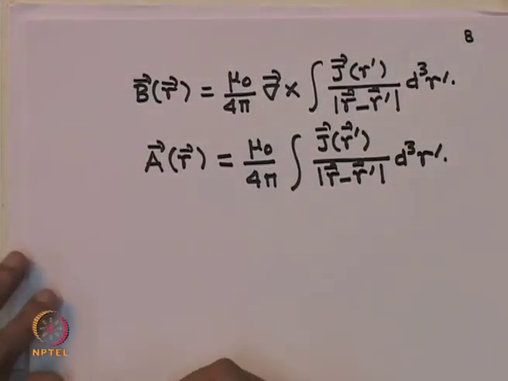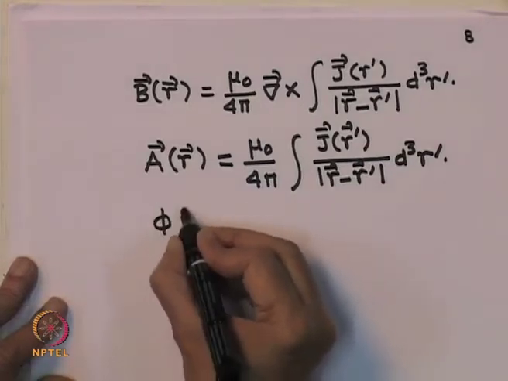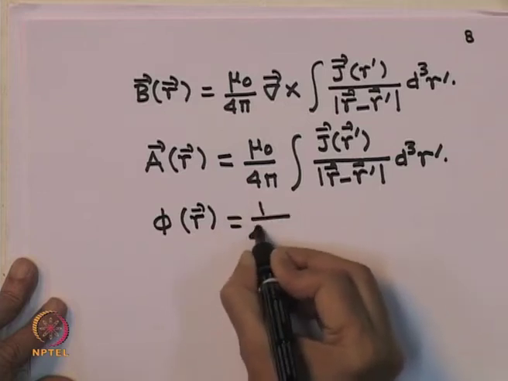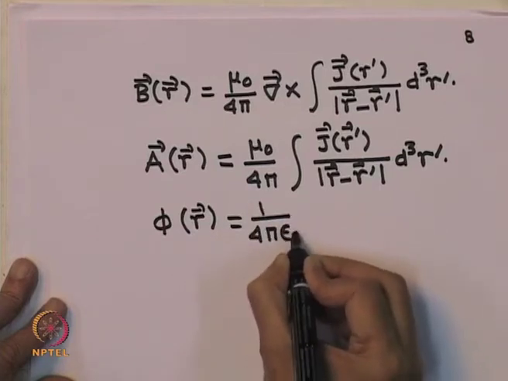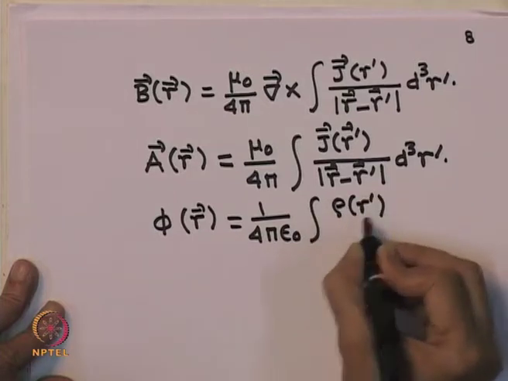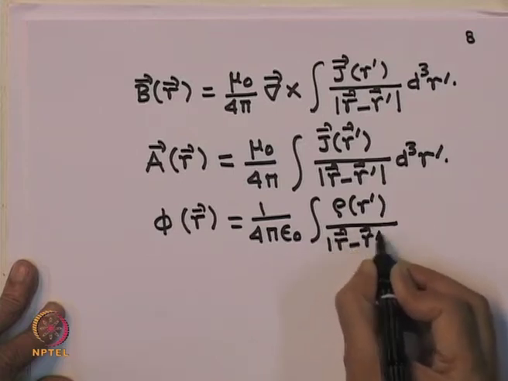You could compare this with the expression for the scalar potential that we had in the case of the electric field, which was given by 1 over 4 pi epsilon 0 times the integral of the charge density rho of r prime divided by the modulus of r minus r prime, d cube r prime.